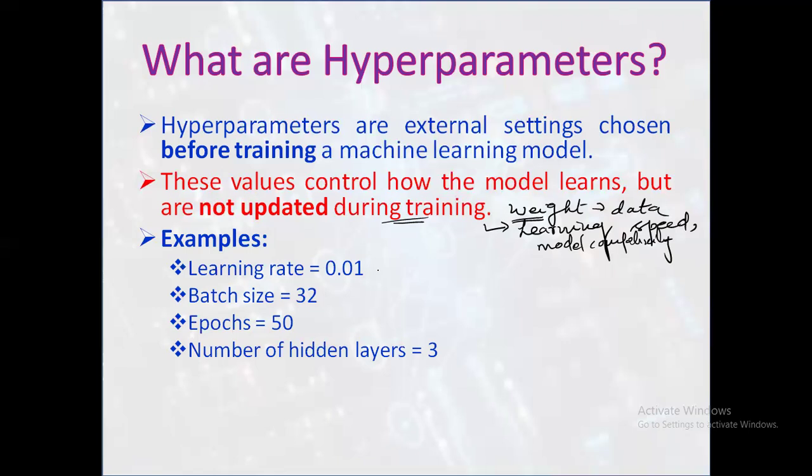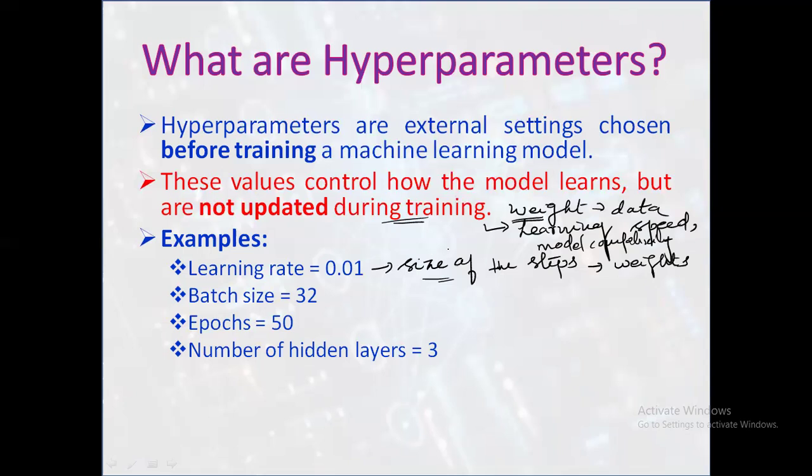If you take a learning rate of 0.01, the learning rate determines the size of the steps the model takes when updating the weights.